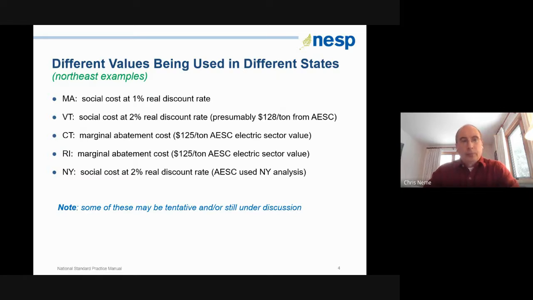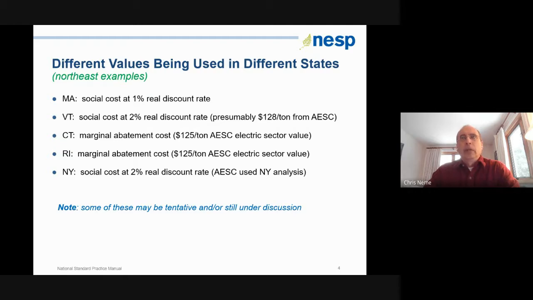In Massachusetts, the utilities actually hired Synapse, which was the firm that led the work on the avoided energy supply cost study, to do an update to the work on the cost of carbon, which focused on a 1% real discount rate.